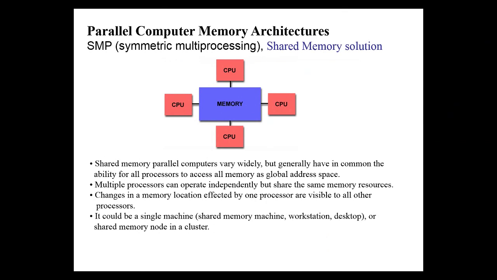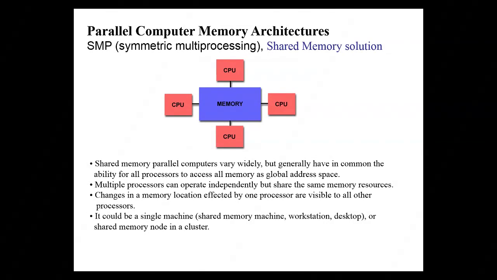There are many different hardware shared memory systems, but it doesn't matter how they are built, they all have one thing in common. They have the ability for all processors to access your data in one memory block. It's normally called a global memory space.